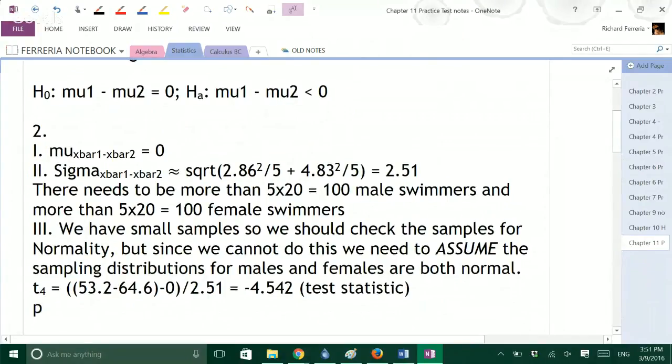P-value, that's going to be equal to the probability that T4 is less than negative 4.54. And do we have a number for that?